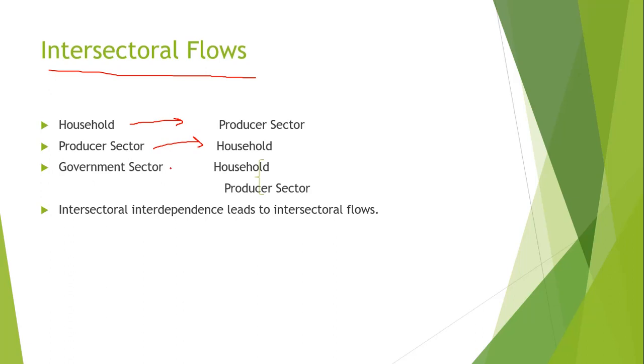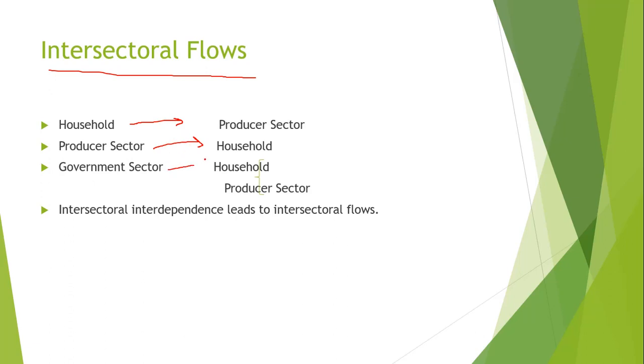Suppose I work in a biscuit producing factory, then the producer sector has to pay me. Therefore they are also giving us money. You can say there is a very intense, very complex relationship among all these sectors.